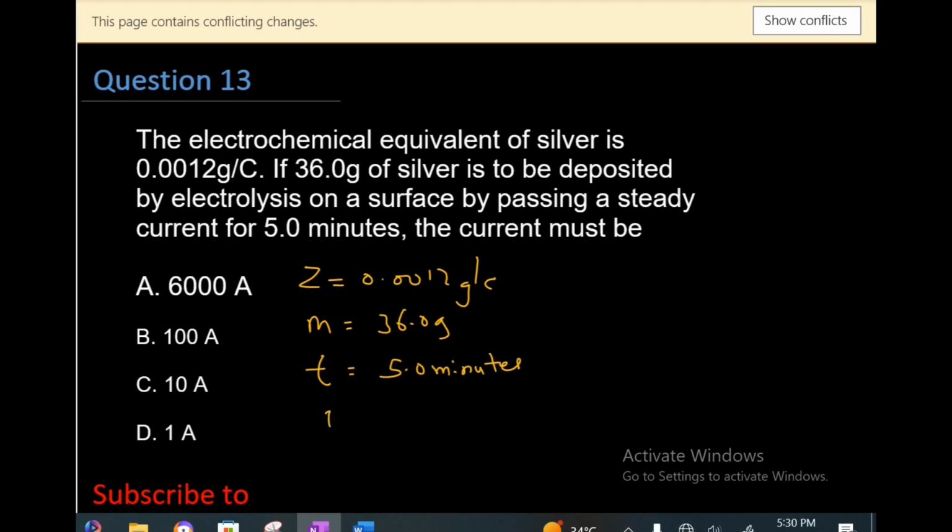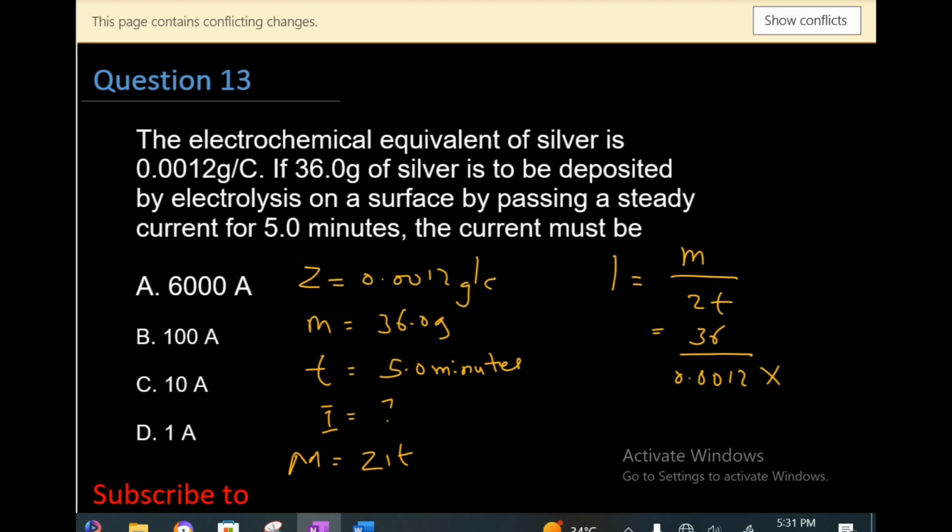So what are we looking for now? Current. The formula we're going to use here is M equals ZIT. So we're going to make I the subject of the formula. Our I now is going to be M all over the coefficient of I, which is ZT. It's going to be equal to 36 all over our Z, which is 0.0012, multiplied by T, where T is 5 minutes.